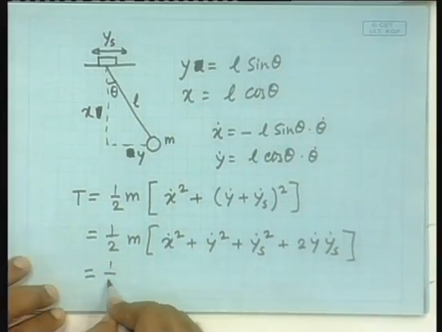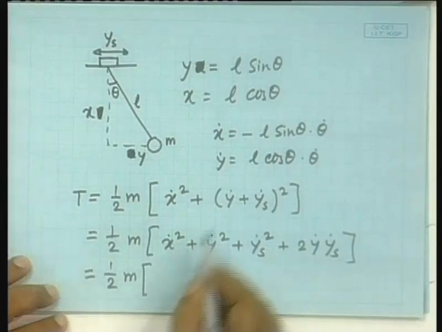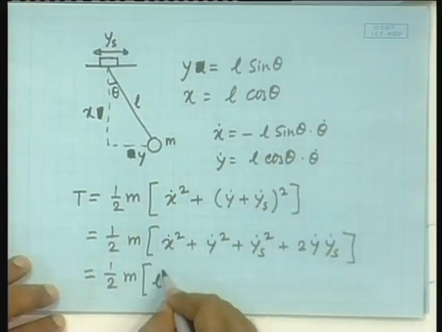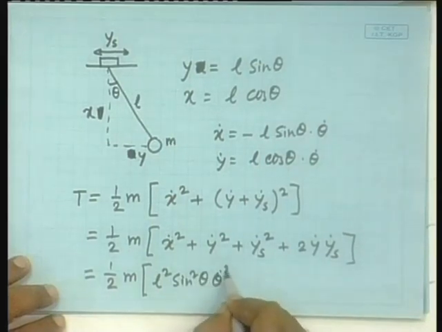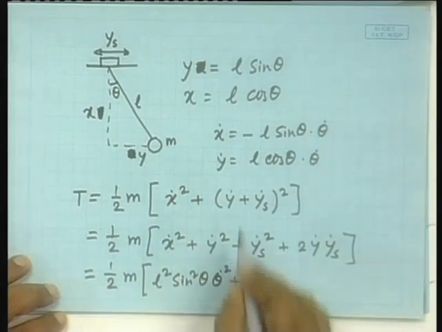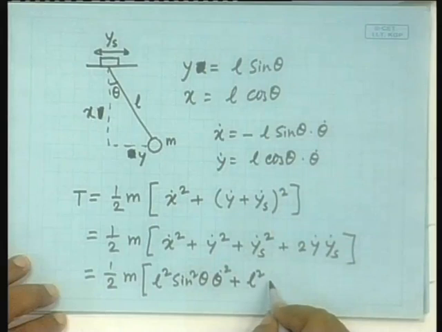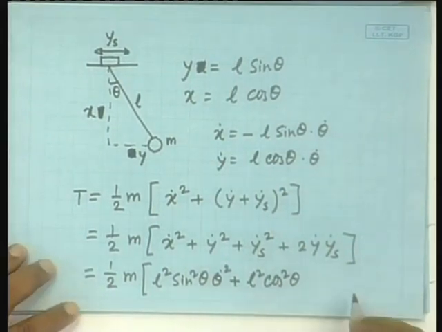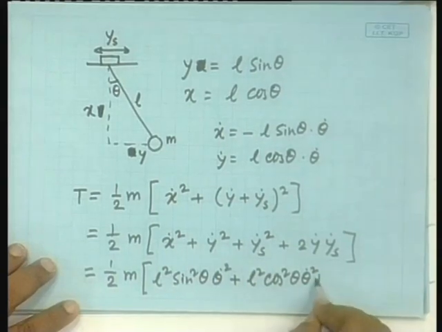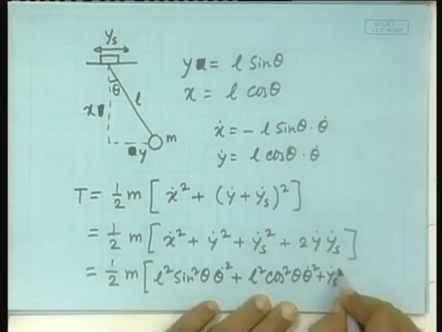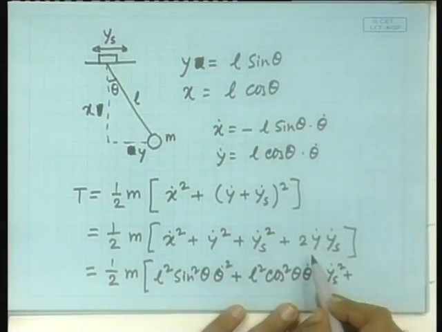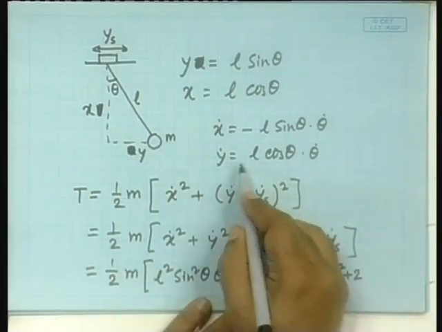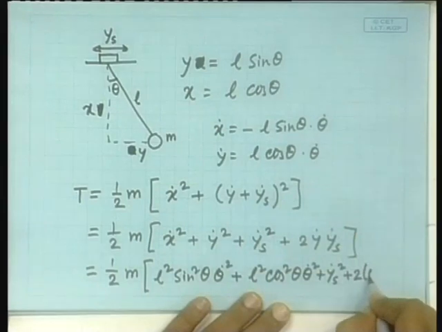So we substitute: x dot squared is L squared sin squared theta, theta dot squared, we have already done it, plus L squared cos squared theta, theta dot squared, plus y s dot squared, plus twice y s dot times L cos theta, theta dot.